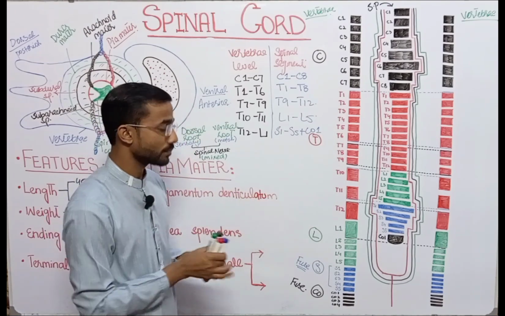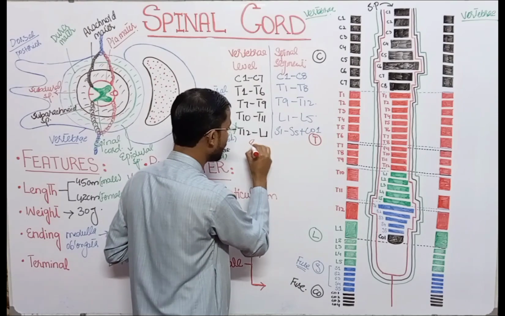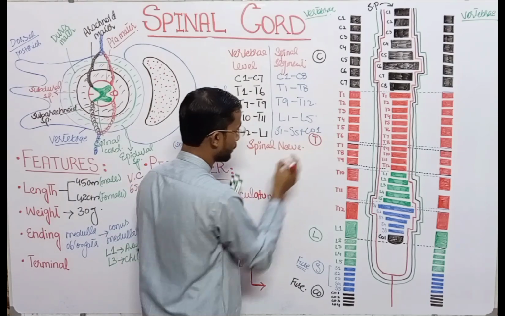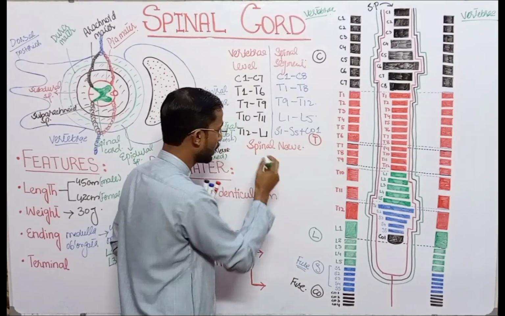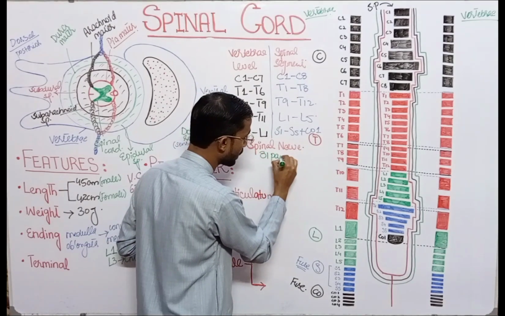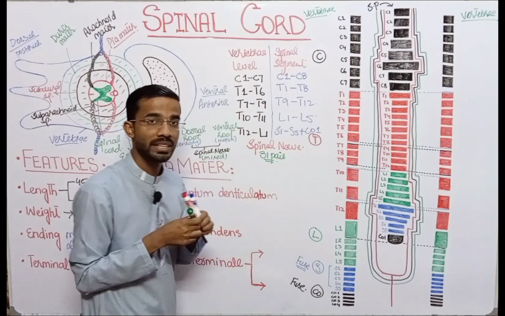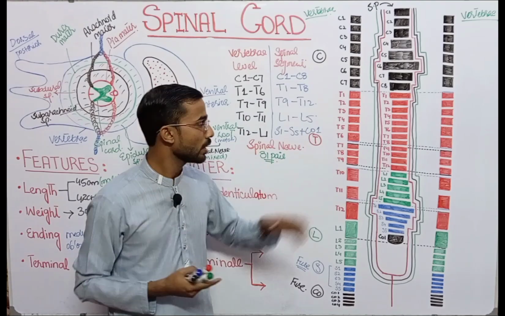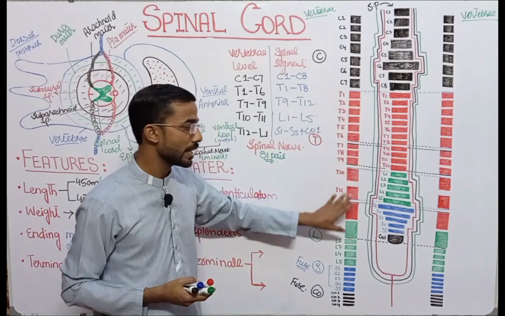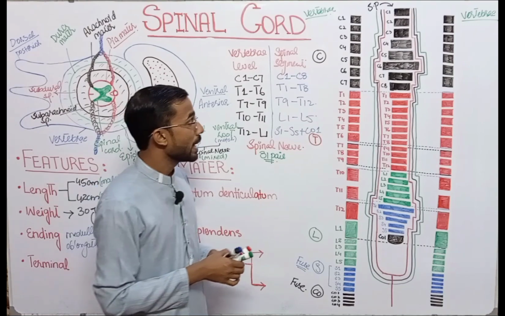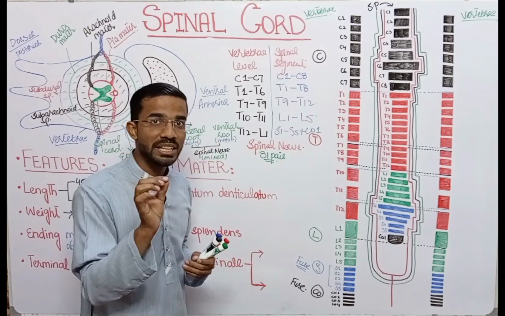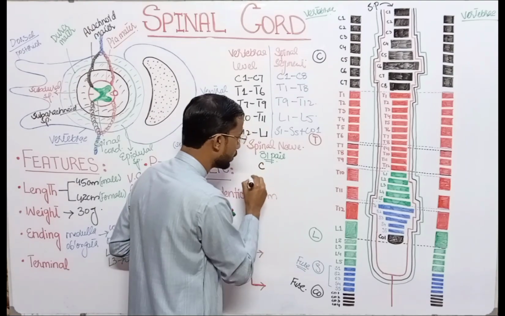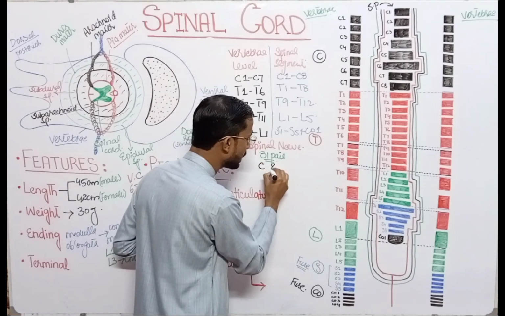Next we will discuss the spinal nerves. As we know, there are 31 pairs, and we name these spinal nerves according to position: cervical, thoracic, lumbar, sacral and coccygeal nerves.